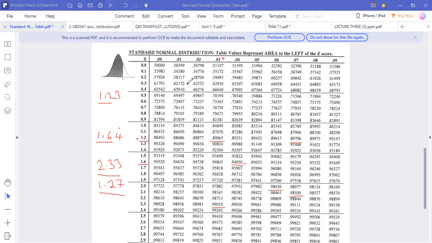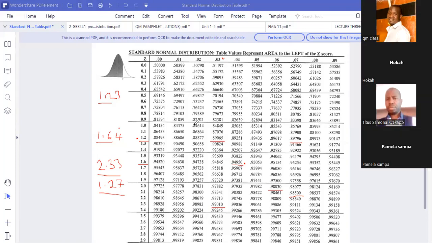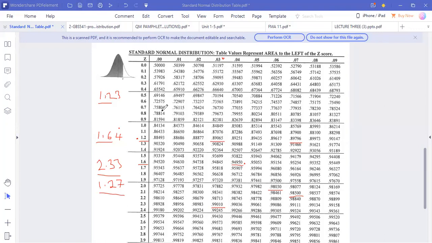2.17? 0.06, I think. Did you underline? What is the Z figure quickly?